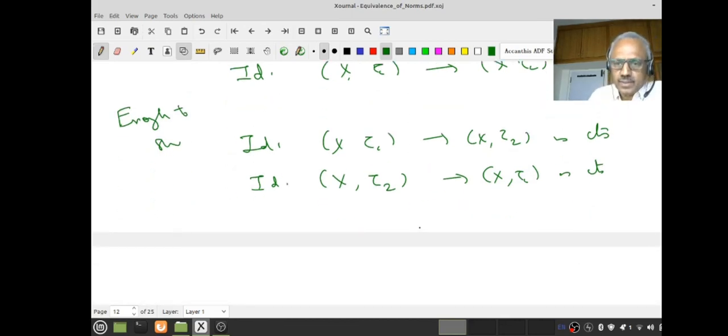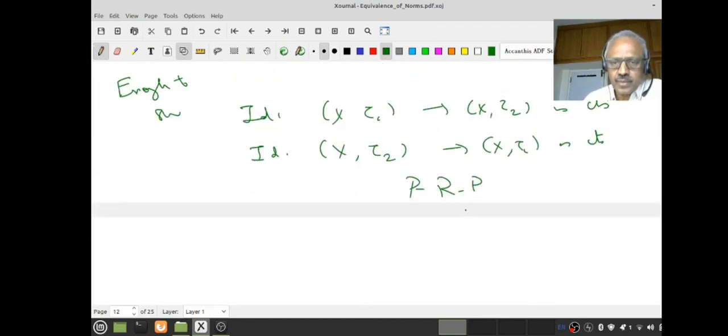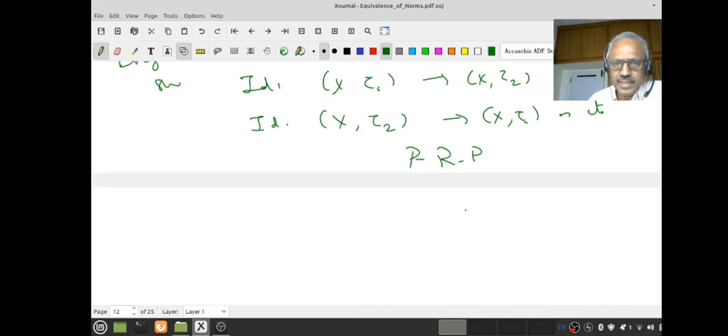So pause, review, proceed. Now that's very easy. Why? Because if you go back, what did I do? I said T is a linear map from a normed linear space.